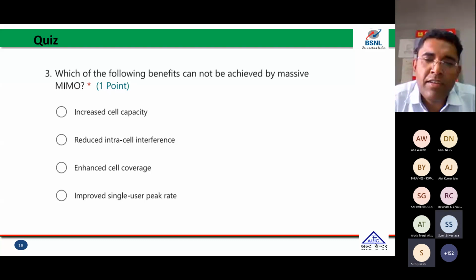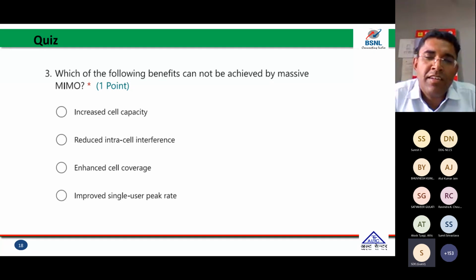It can reduce the intra-cell interference. So in that case, question number 3: enhance the cell coverage by improving the array gain.